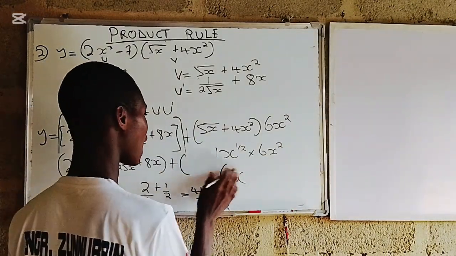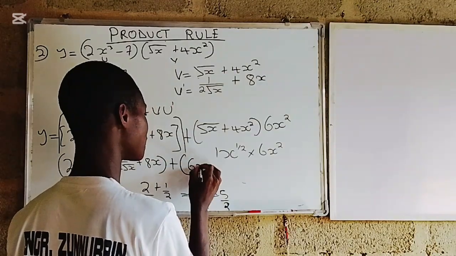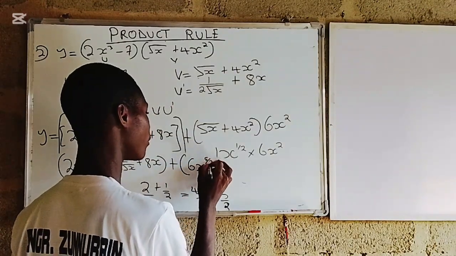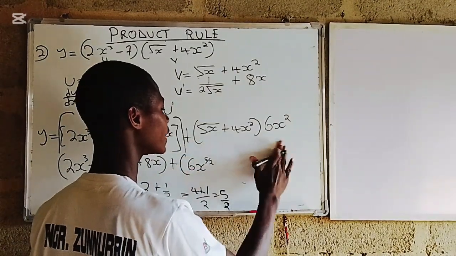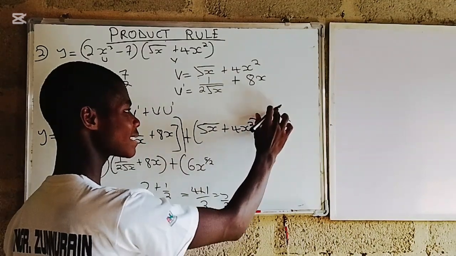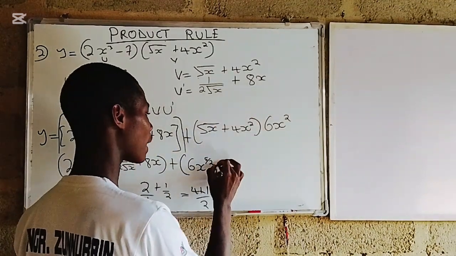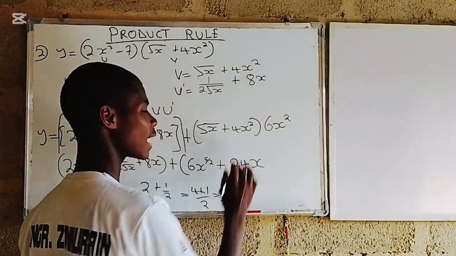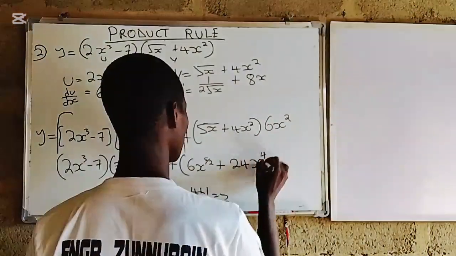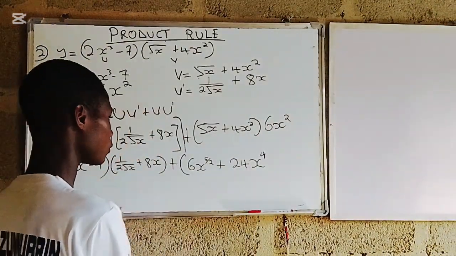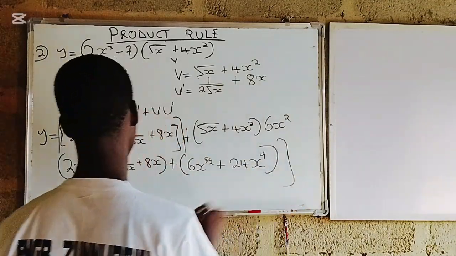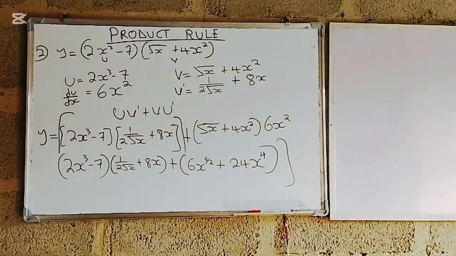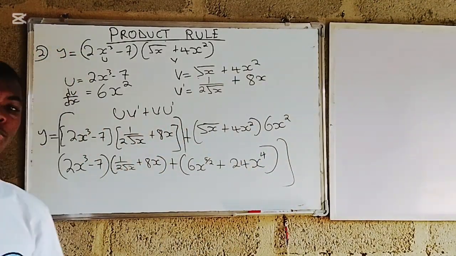So this is the same thing as 6x to the 5 by 2. The next thing is that I have to multiply this and this, which is the same thing as plus 24x, and the powers are the same. I have to just put 4. So this is the final solution to this second problem.